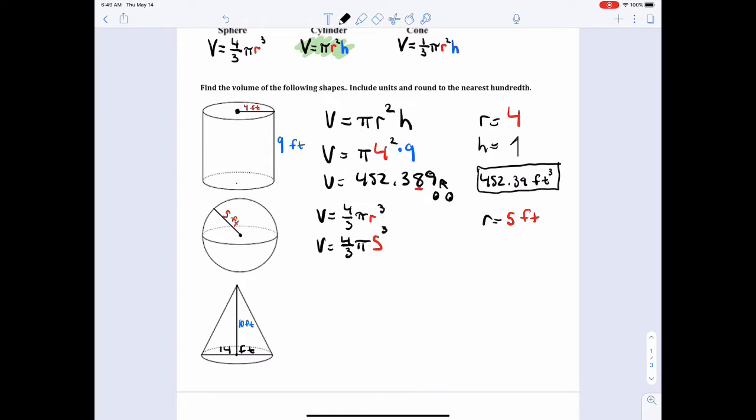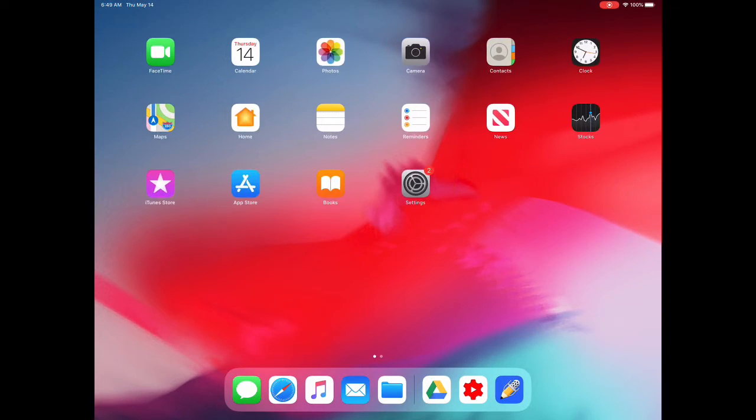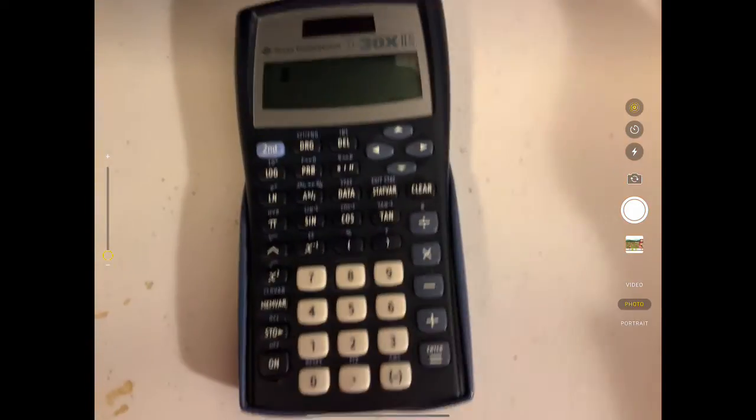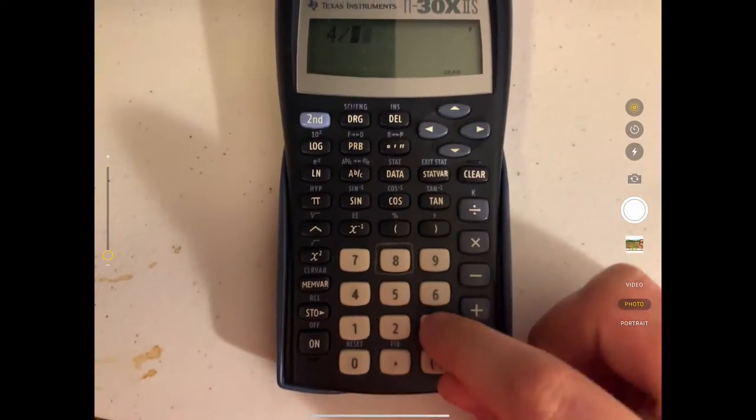So let's look at how we could solve this on our calculator, if you have your calculator with you. So here we go. How do I work this thing? There it is. Okay. So it's 4/3, so you can do 4 divided by 3.